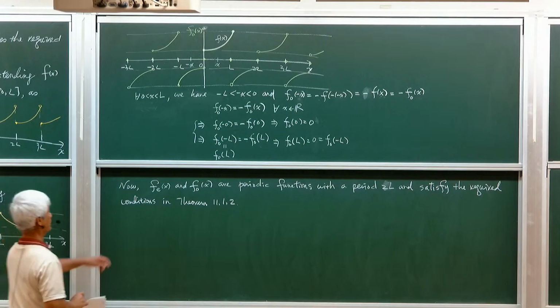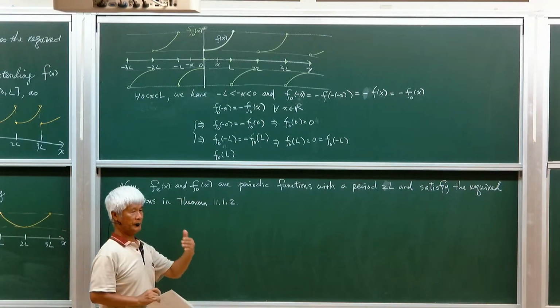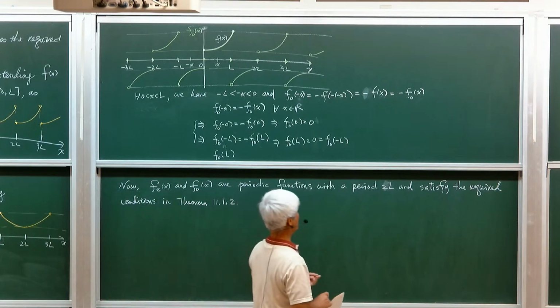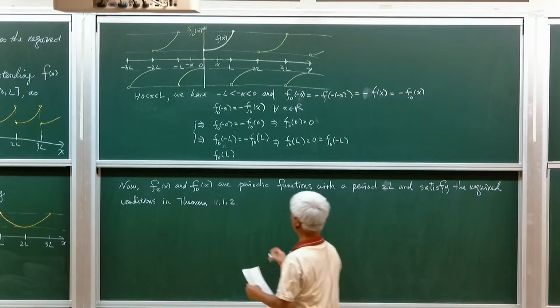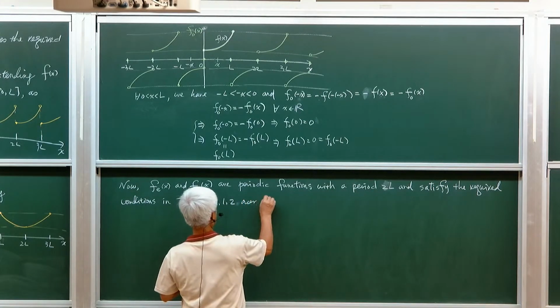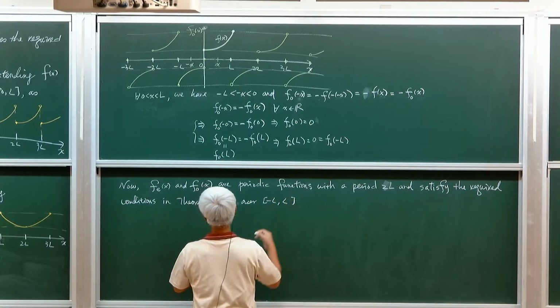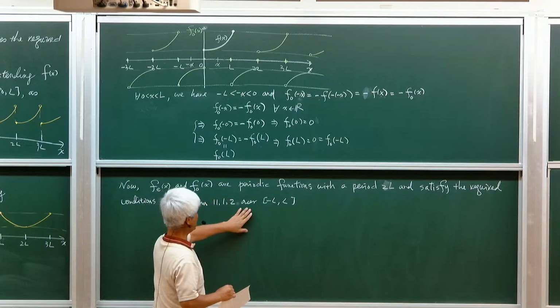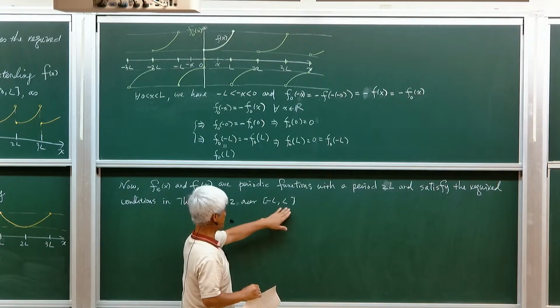So that both of them are piecewise continuous over minus L to L. So both of them are piecewise continuous on this finite closed interval.